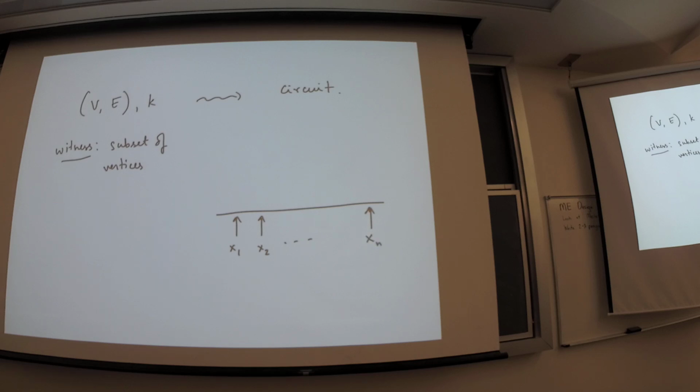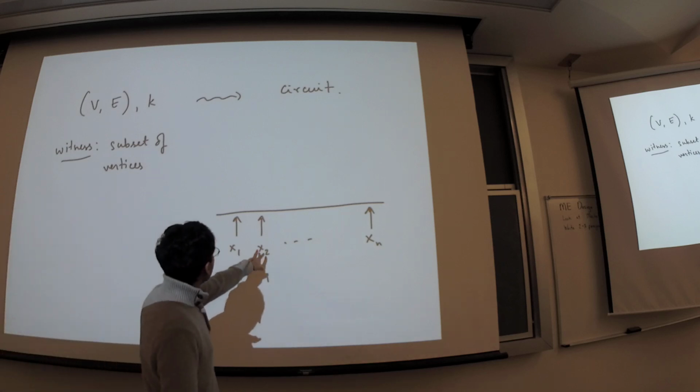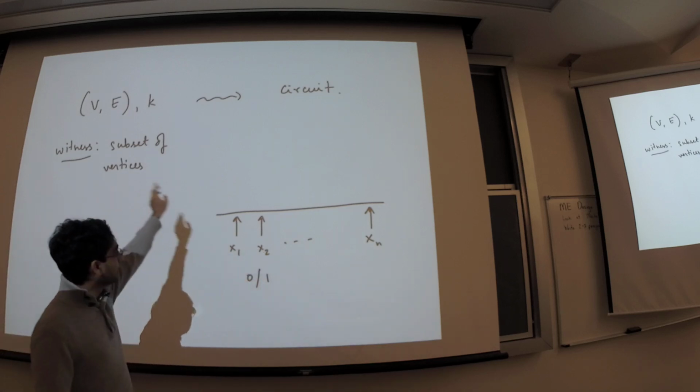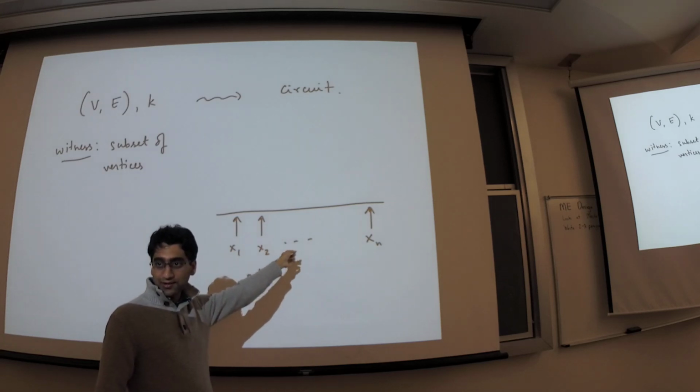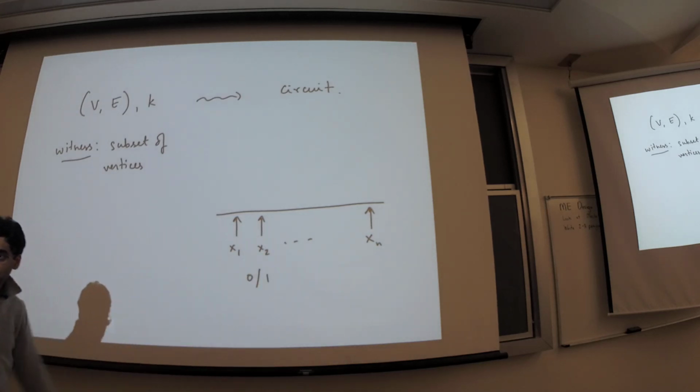These are supposed to be Boolean, 0/1. And these are supposed to be 1 if the witness contained this vertex. Like xi is 1 if i is contained in the witness.